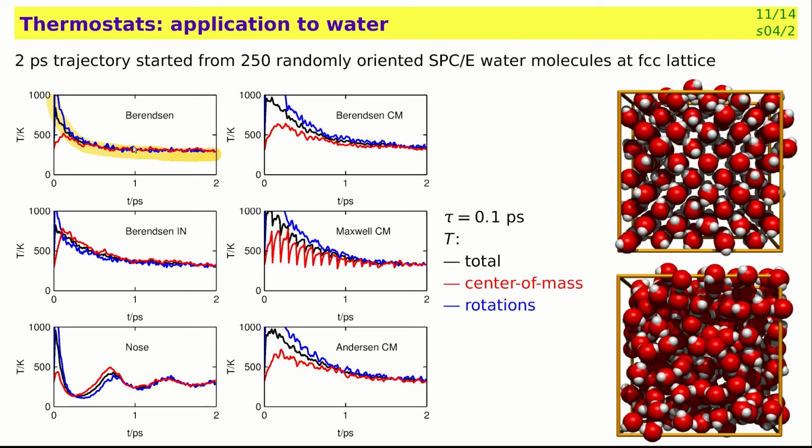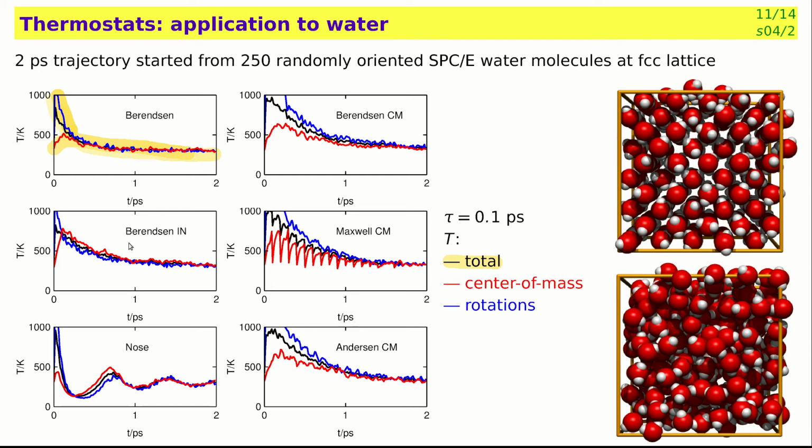This is the standard Berendsen thermostat. We can see here three curves. The black one is the total kinetic temperature. The red one is calculated only from the center of mass, and blue from rotation. So we can see also that these two types of degrees of freedom relax very fast.